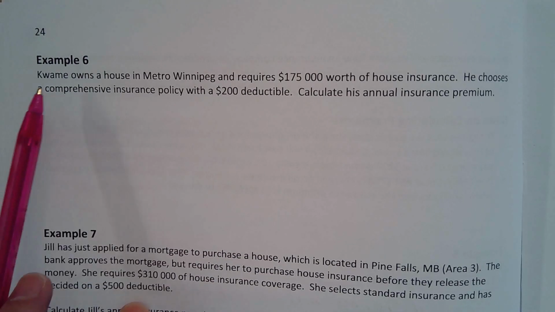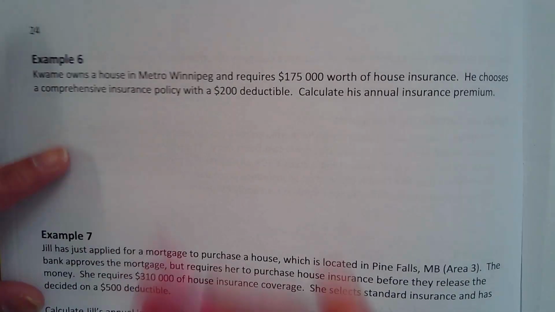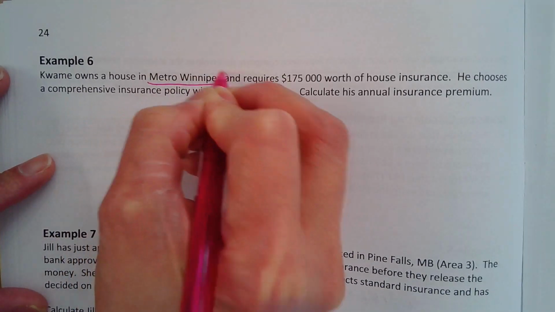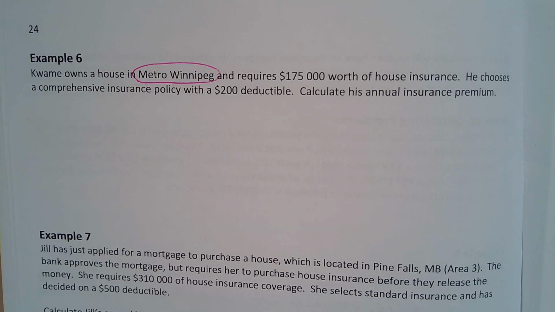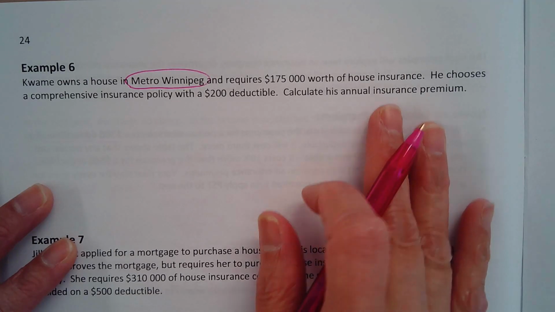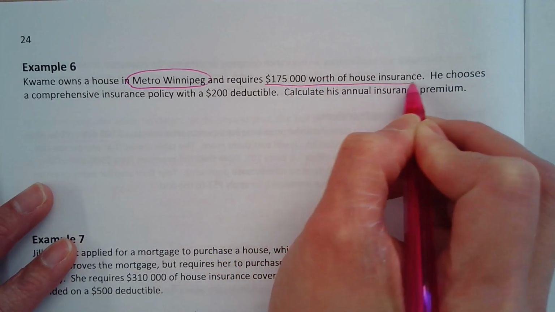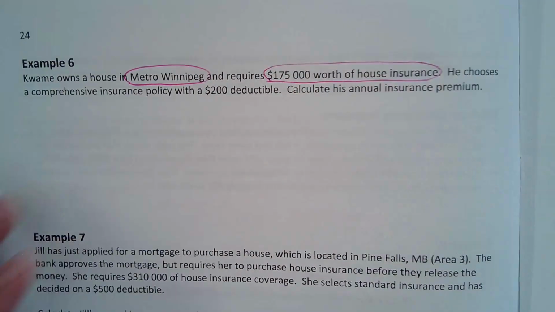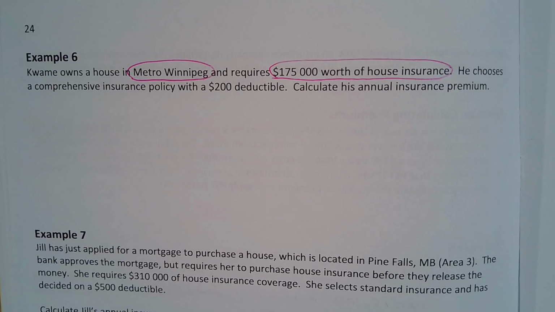It says here, Kwame owns a house in Metro Winnipeg. I'm gonna highlight Metro Winnipeg because that's important to me when we find out the value in our table. And it says there requires $175,000 worth of home insurance. I'm gonna underline that because that's important.